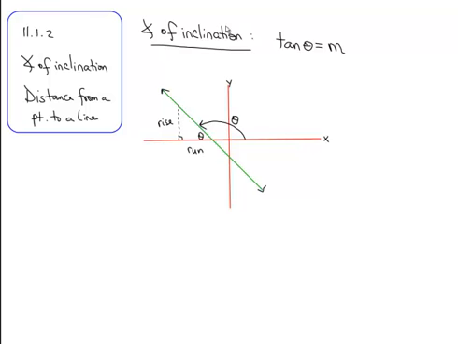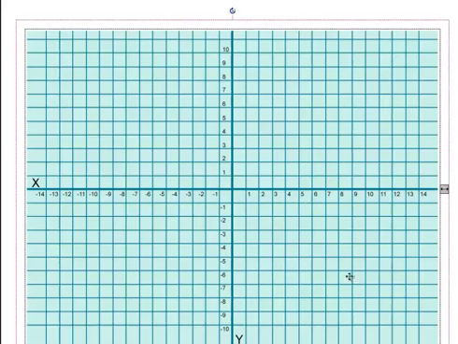So how do we actually use this? So let's take a graph. And let's say we have the line y is equal to 1/3 x minus 2. So we know it has a y-intercept of -2, and it has a slope of up 1 and over 3 to the right.